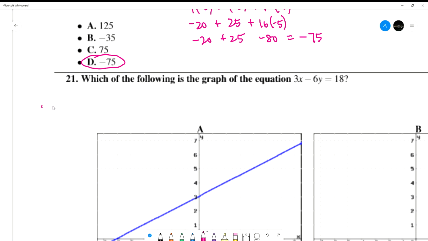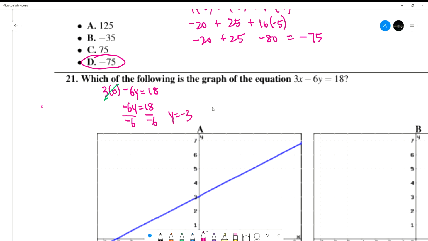So let me do that over here. So 3 times 0 minus 6y is equal to 18. So I'm basically covering up the 3 times 0. So I only have negative 6y is equal to 18 that I'm looking at. So when you divide by negative 6, you get y is equal to negative 3.